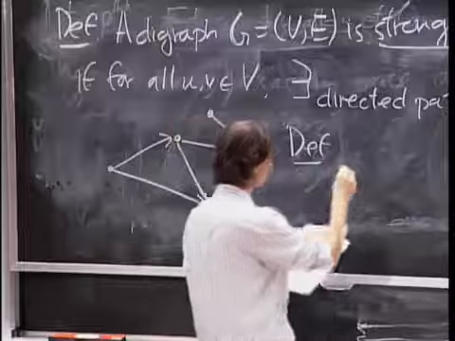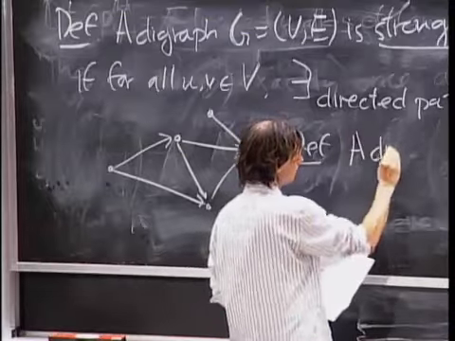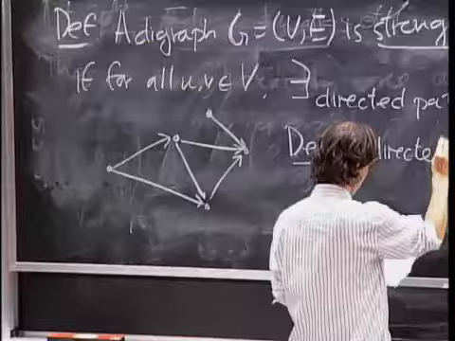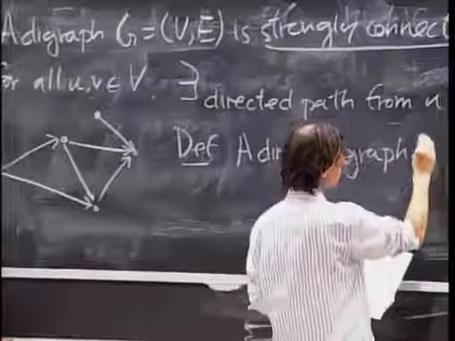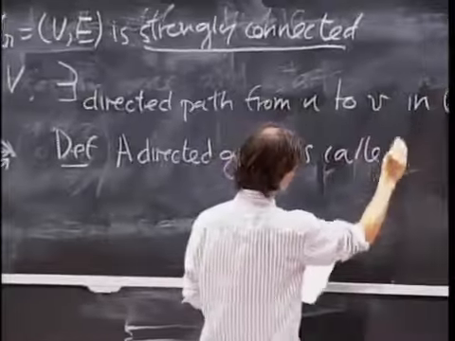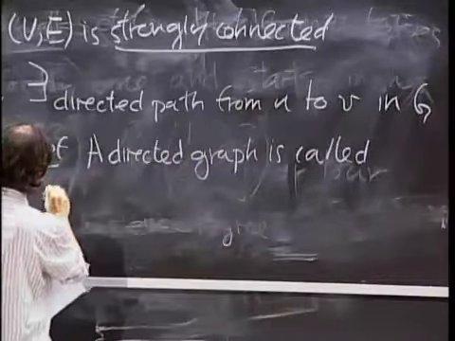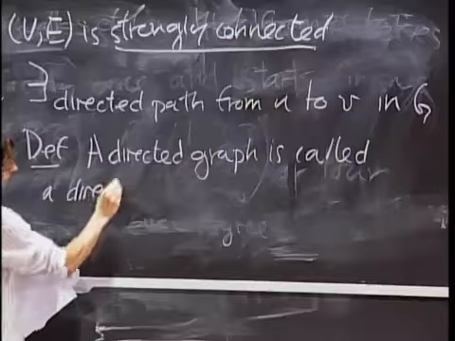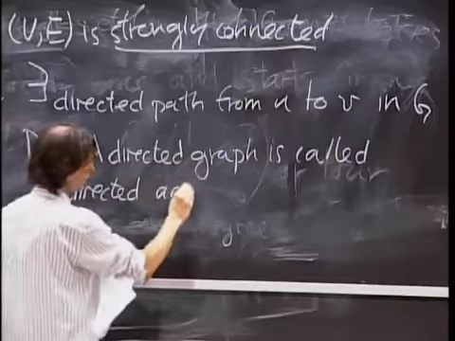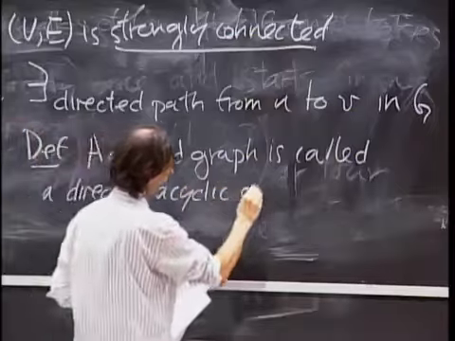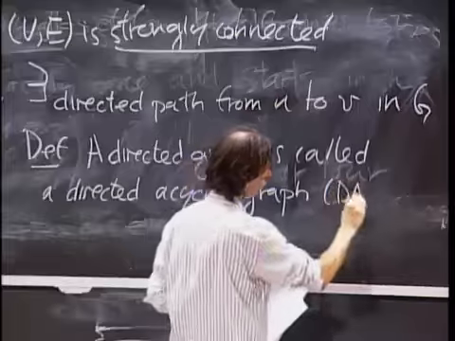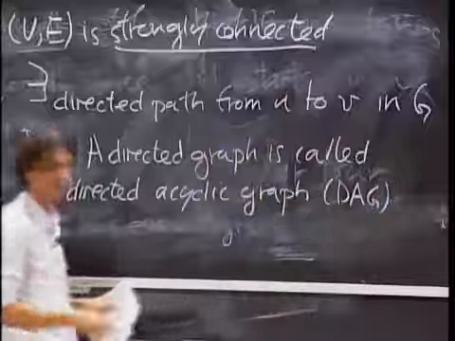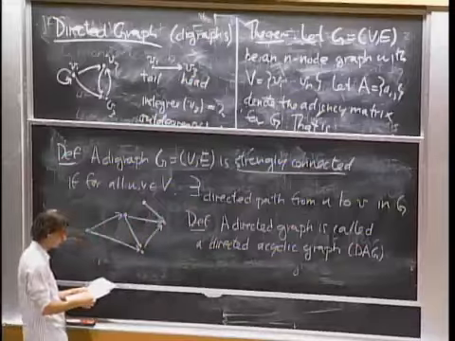Okay, so what's the definition? A directed graph is called a directed acyclic graph, and we abbreviate this by DAG. We call them DAGs. They're used everywhere, actually.